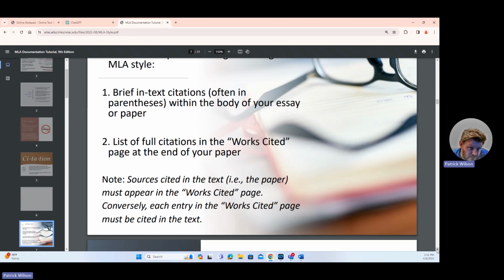So if you have 6 sources, which is why I had y'all do the annotated bibs the last 3 weeks, to go out and get those 3 or 6 sources, I should at least see 6 sources on the works cited page that correspond with the quotations, summaries, and paraphrasing that you are doing in-text throughout that 6 to 8 page paper.